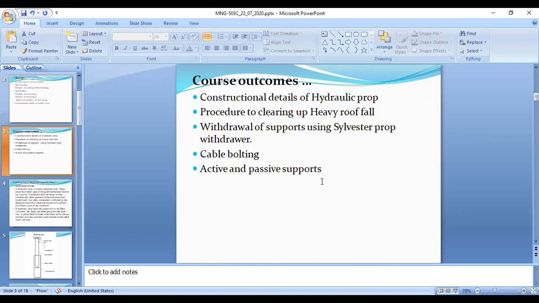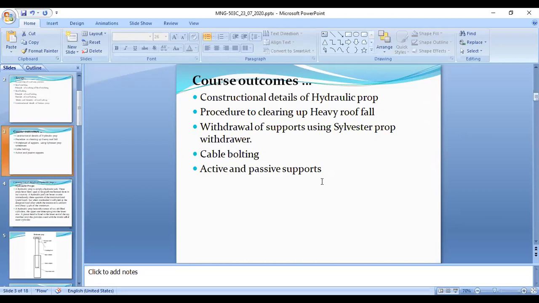So the examples of active supports are rigid props and hydraulic props. Here we are setting it against the roof with some force, so that they start carrying the load. We're tightening them. Such a type of supports are called active supports. People get confused about why a hydraulic support is an active support.